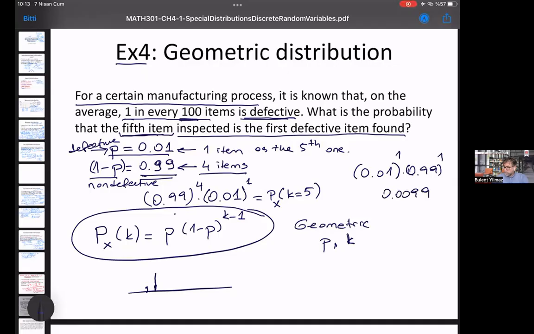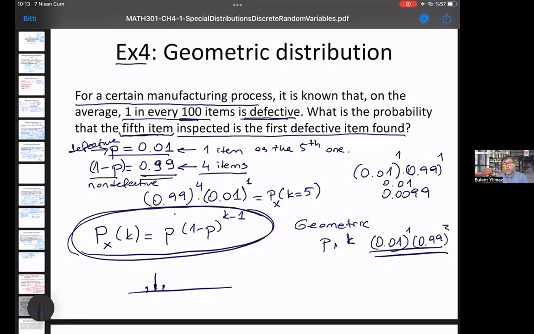The previous one was 0.01, so they are very close to each other. Then for the third item, I'm going to do this. So this is going to be my distribution, okay? This whole thing gives me the distribution.